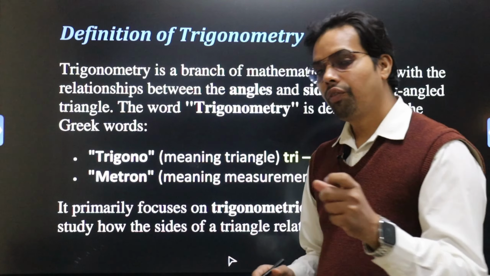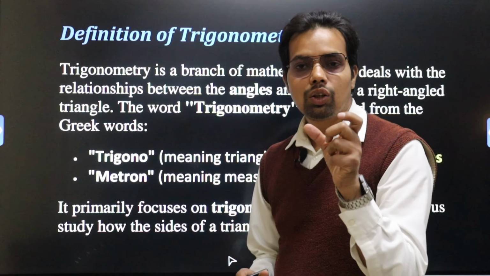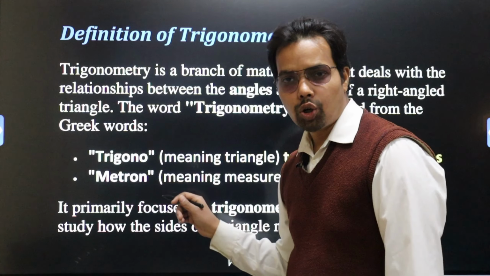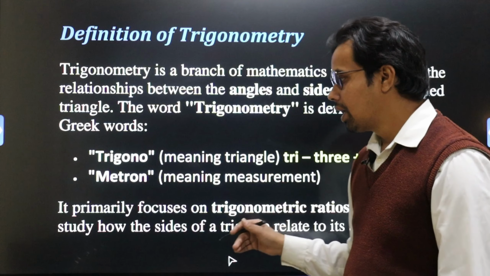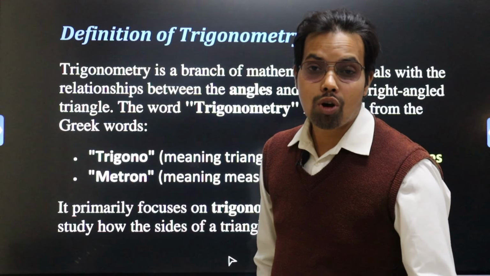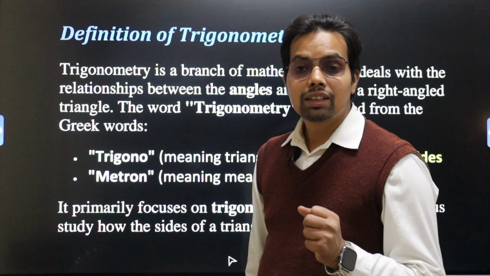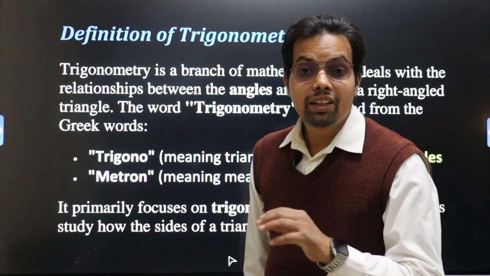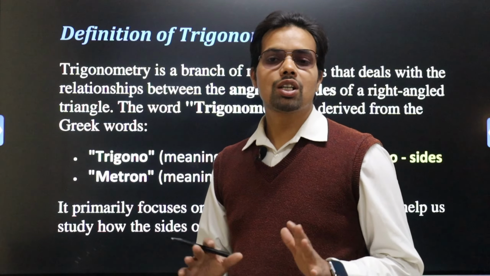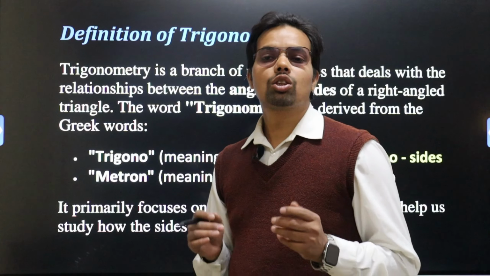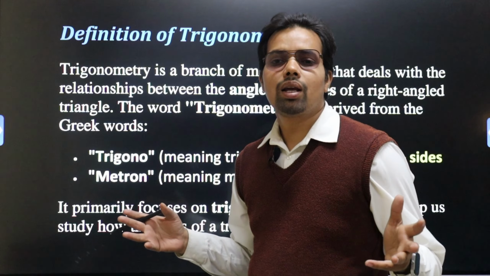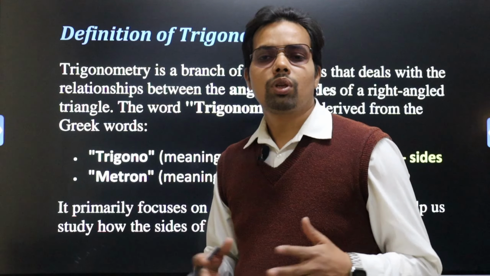The first way of dividing the word trigonometry is: the first is trigono, meaning triangle, and the second is metron, meaning measure. Metron is the Greek pronunciation; it's not like mitron, right? Mere pyare bhaiyo or behno or mitro, not like that.